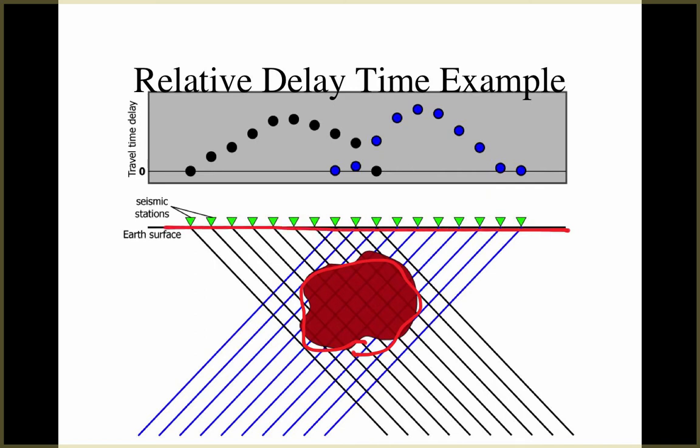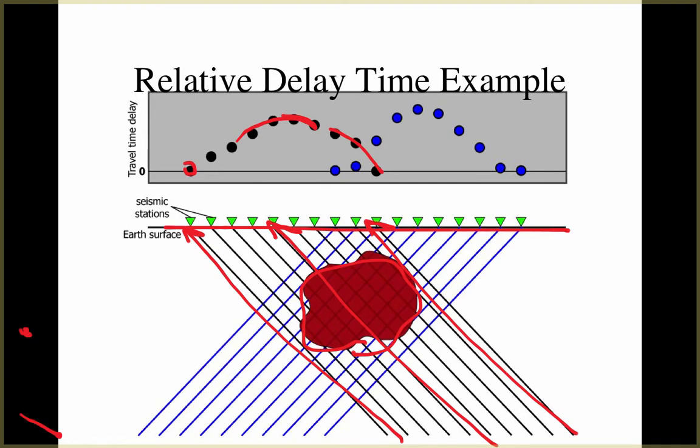Suppose seismic waves travel through it from a distant earthquake. Waves that miss the anomalous object will show up at a normal travel time. Waves that travel straight through the object will have a relative travel time delay or advance. Rays that miss the object will again have a normal travel time.